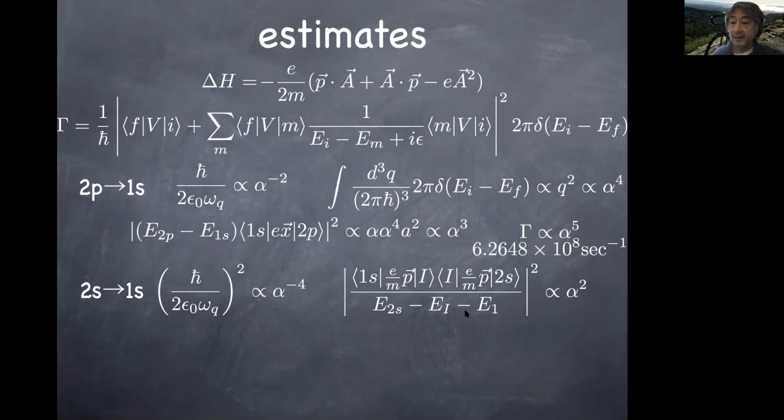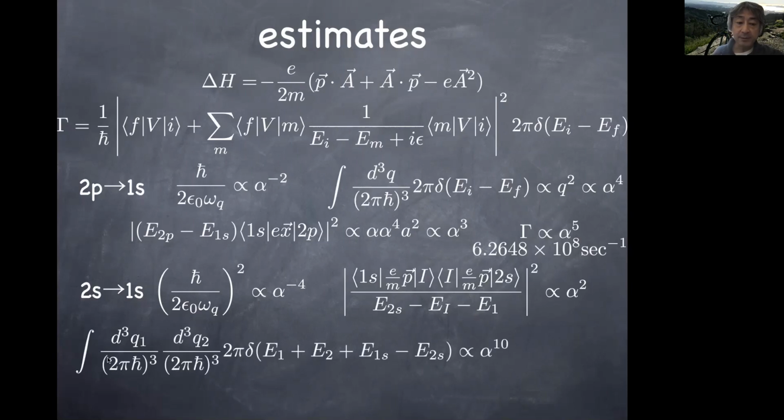And if you stick in the momentum operator in here, going to the intermediate state, I change the notation to I to avoid the clash of notation with the mass of the electron. And another matrix element over here. And so that gives you this whole expression over here. And you can count the power to be alpha squared. Then you have the phase space integral over 2 photons instead of 1 photon.